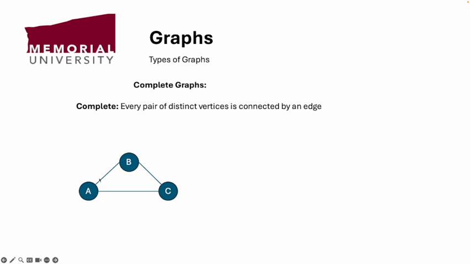So every pair of vertices A, B, and C has a unique connection by one edge. For example, if you don't have the A to C connection here, it's not complete, even though you can find a path from A to C. This is a connected graph, but not a complete graph.